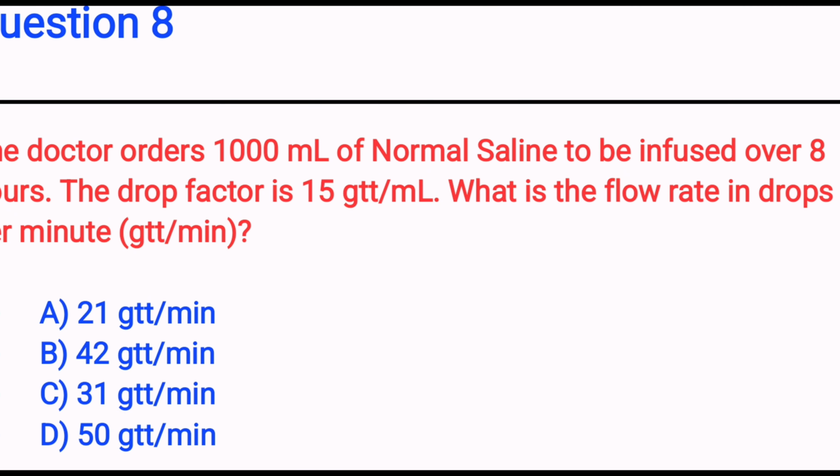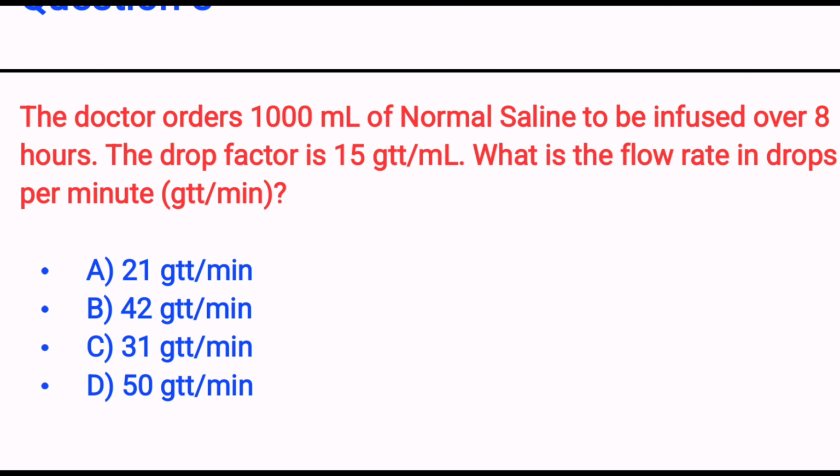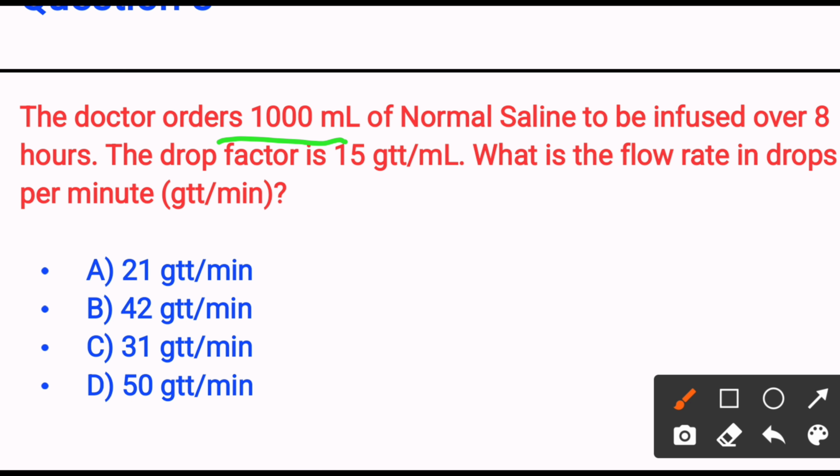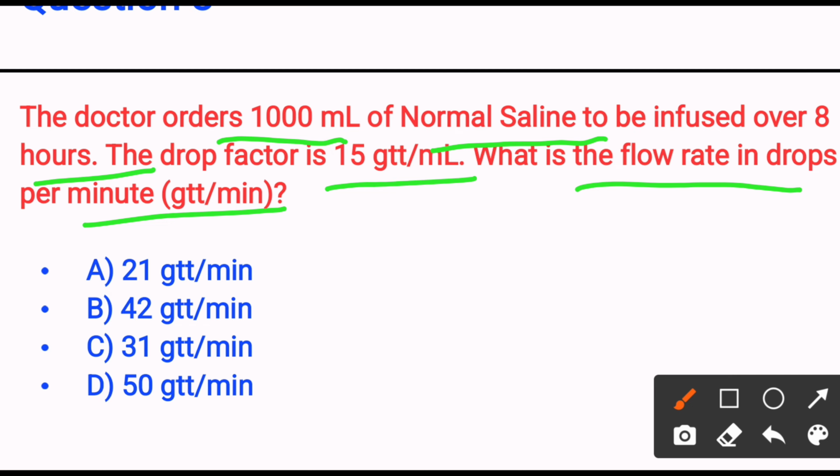Next, the doctor orders 1000 ml of normal saline to be infused over 8 hours. The drop factor is 15 GTT per ml. What is the flow rate in drops per minute?